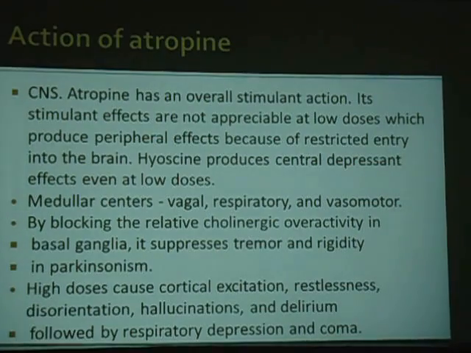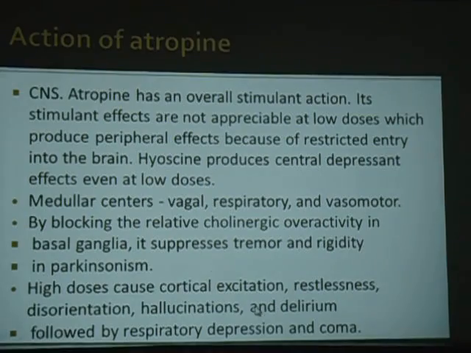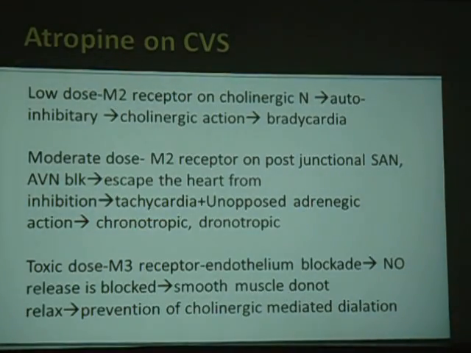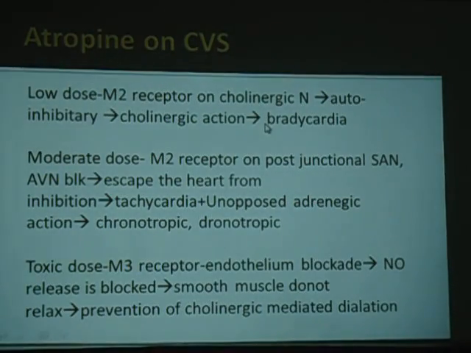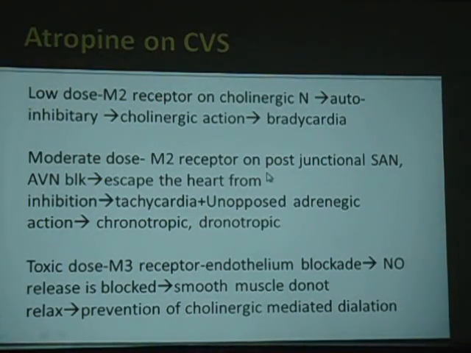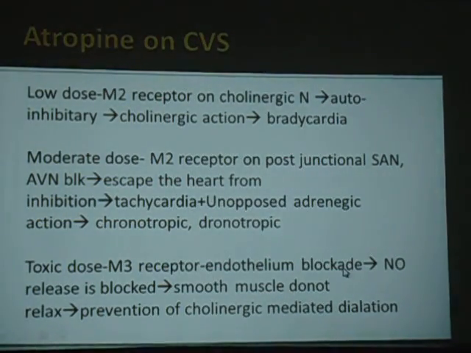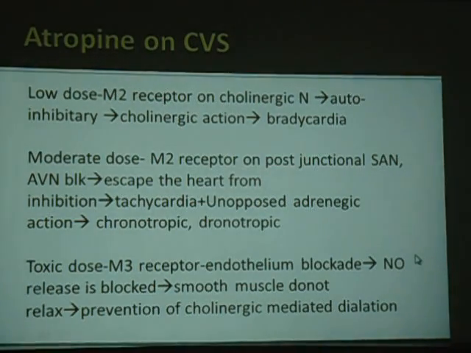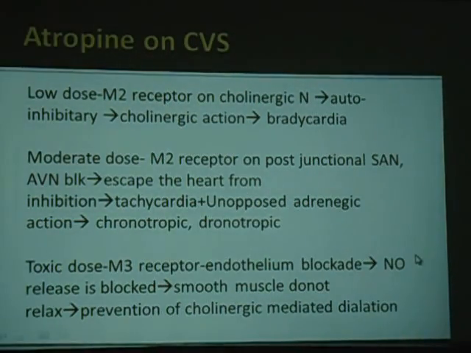Atropine on the CNS, when used orally, has lesser penetration, but at higher doses it has a stimulation effect which can cause restlessness, disorientation, hallucination. Then on the CVS at low dose we have bradycardia, and at moderate doses we have tachycardia, chronotropic action. At even higher doses, what can happen? They can block the release of nitric oxide and the vasoconstriction effect is lost.